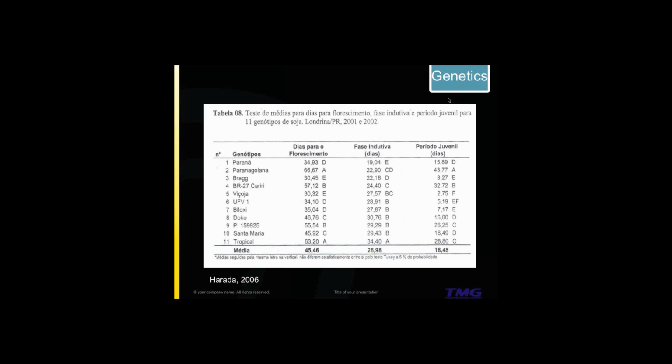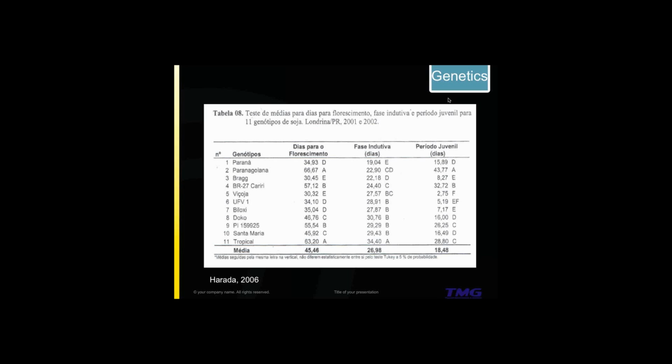I believe that that's not related to the growth type itself, because in fact, I believe that the indeterminate types should be more buffered towards this. That's my opinion.